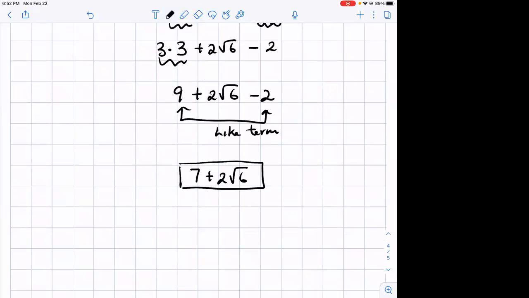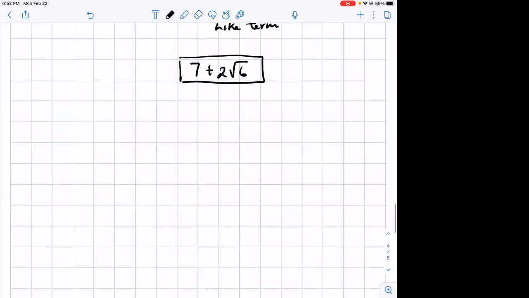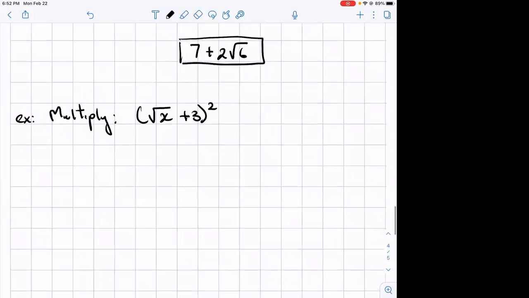So multiplication, once again I'll stress, follows the same principle as multiplying polynomials. And here's another example. If I say multiply root x plus 3 quantity squared, we can rewrite this because we know the square means you have to see the parentheses twice.